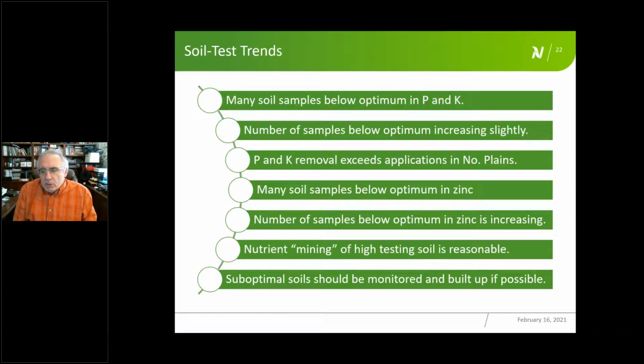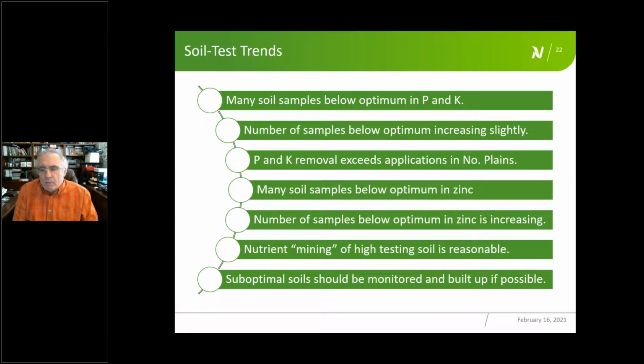So maybe this is the year where we take a look at our cash flow, our other obligations, and the various bills and inputs we have. Maybe this is the year to reinvest a little of that better cash flow into our soil nutrient bank, particularly in fields that may have been on the decline that need to be built up.